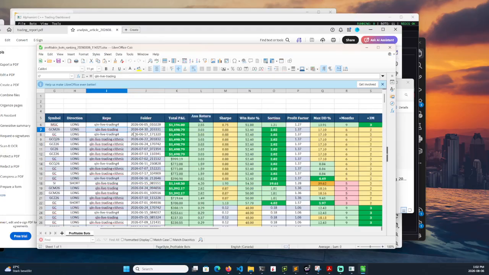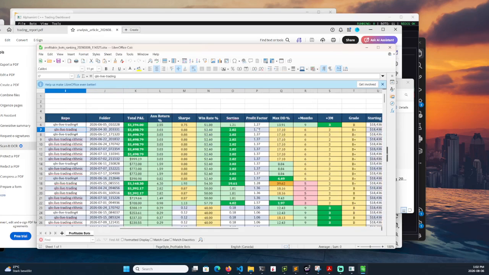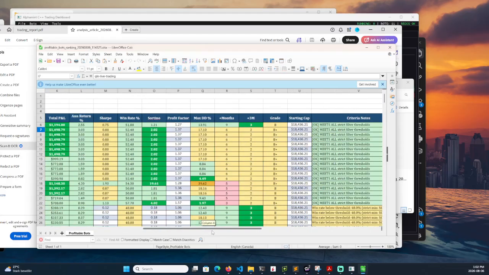We have here not the strongest Sharpe, but 0.88, win ratio of 52%, Sortino at 2, risk factor at 1.37, okay. Max drawdown, which is fairly high for gold because it's been volatile lately. So it's measured 6 months have been not profitable. The only one that's been profitable is this first one for the last 9 months.